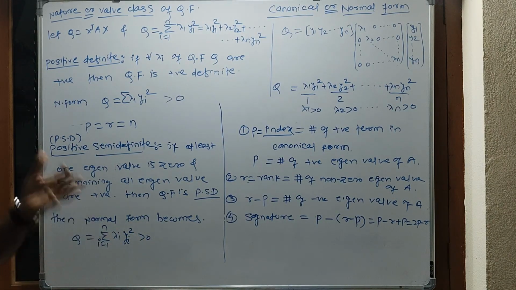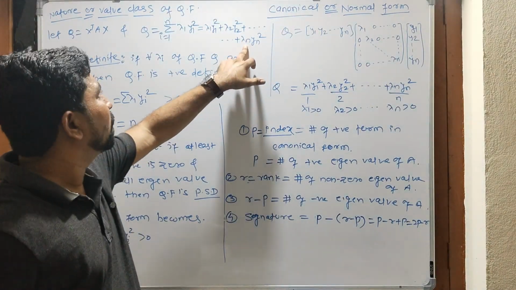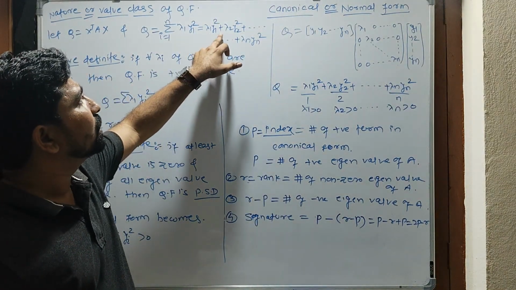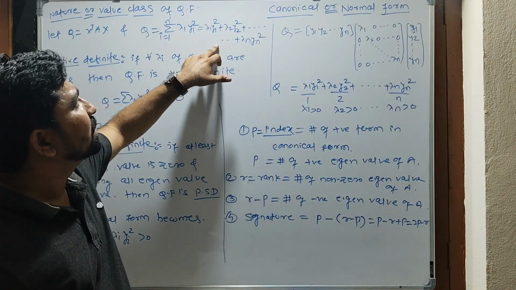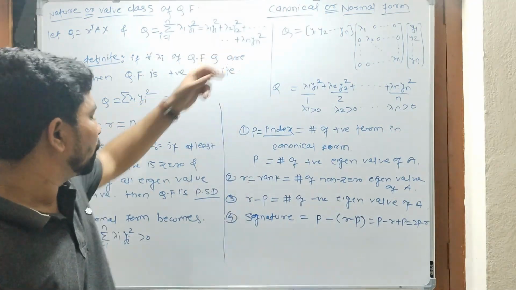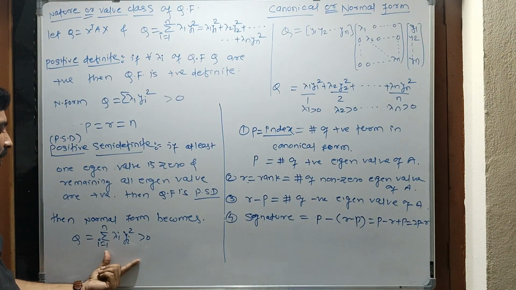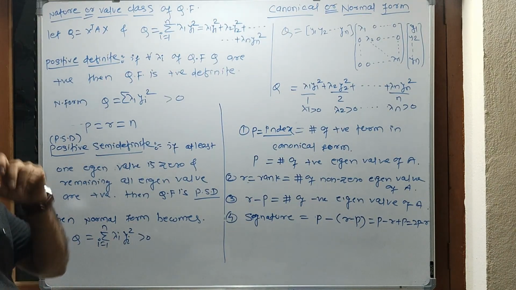For example, let's say the nth eigenvalue is 0. This is positive and so on. This is lambda n minus 1 y n minus 1 square, this is positive. The last term is 0, the remaining are all positive, that's why this whole term is non-negative.